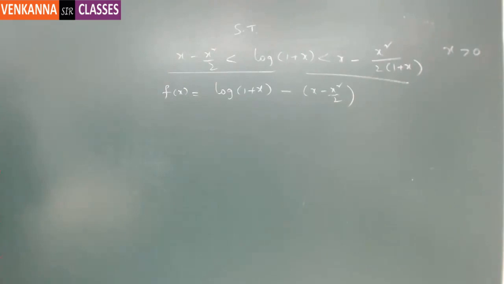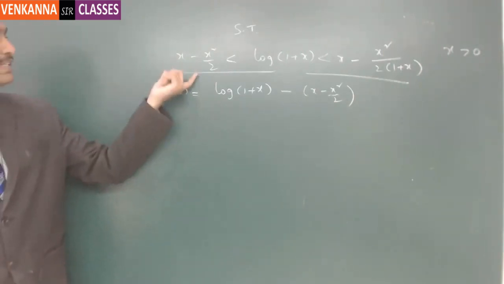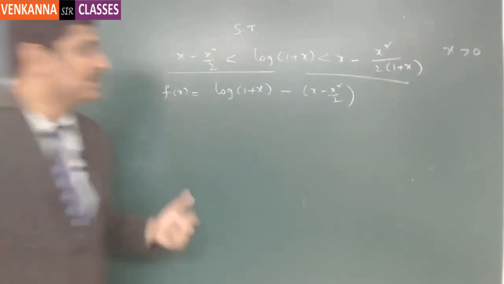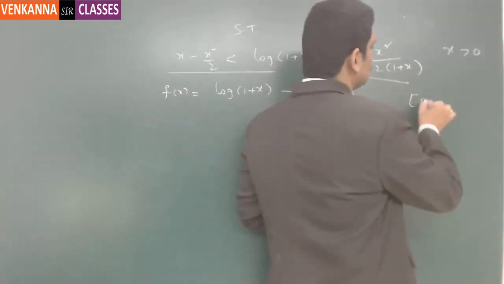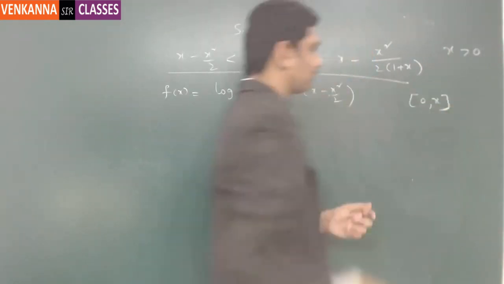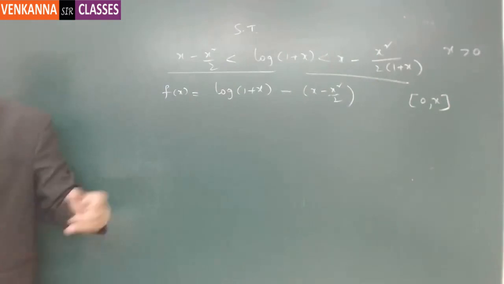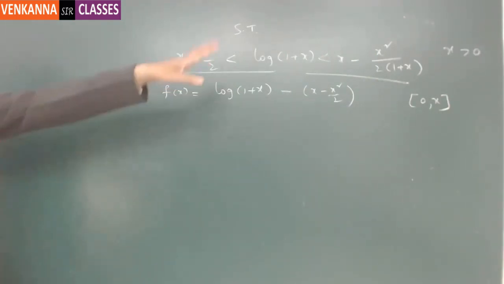Why am I defining this? Because I am going to prove that this is less than this, and the interval is obviously 0 to x, because you are going to prove the inequality for all x greater than 0.